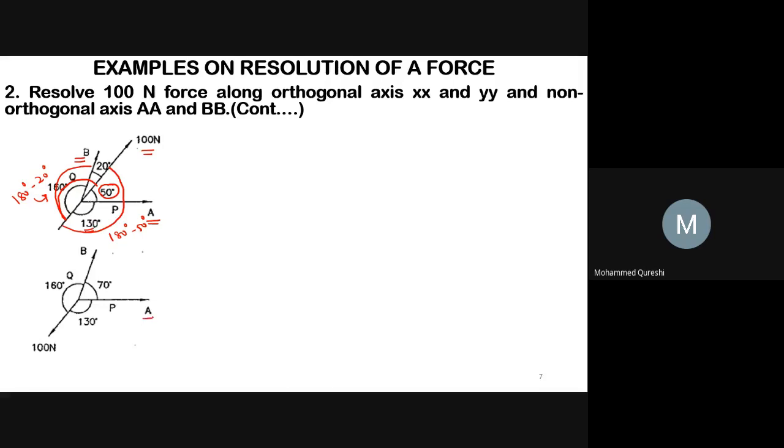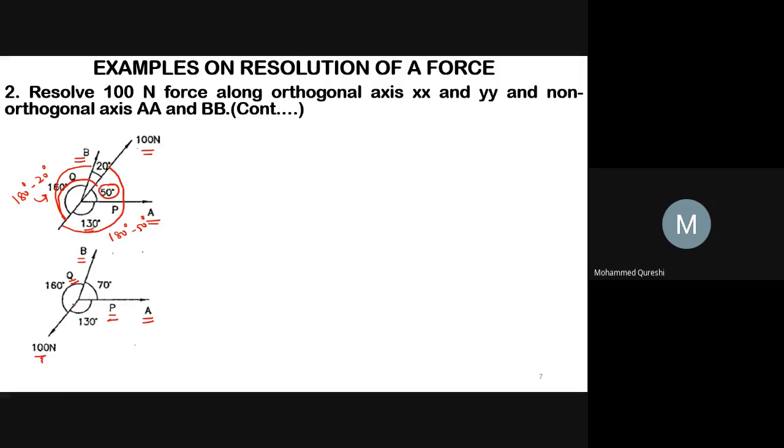The angle between A and B is nothing but 50 plus 20, meaning 70 degree, and this 100 Newton resultant force we are considering as an equilibrium force in the opposite direction but of the same magnitude.